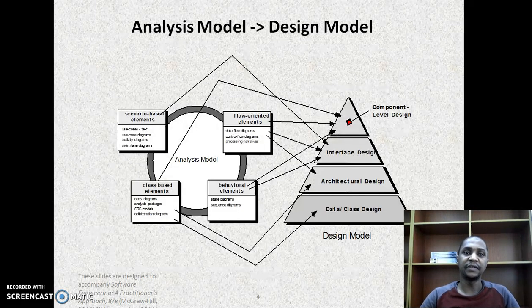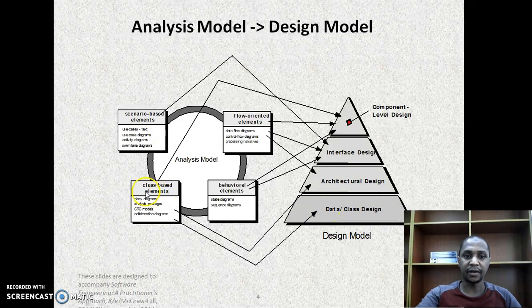As we can see from our analysis model discussed earlier, we have a bridge that takes us to design models. All four analysis models, that is scenario-based elements, flow-oriented elements, class-based elements, and behavioral elements, are mapped to different parts of the design models, as you can see.